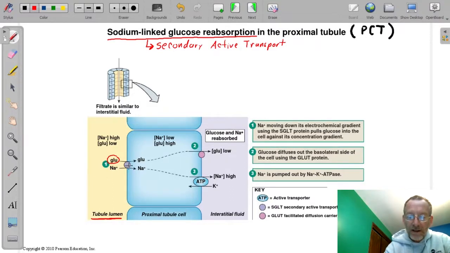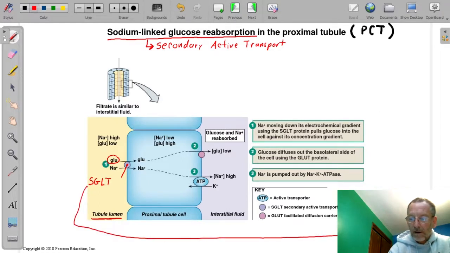This transporter is often abbreviated as an SGLT, which stands for sodium glucose linked transporter.